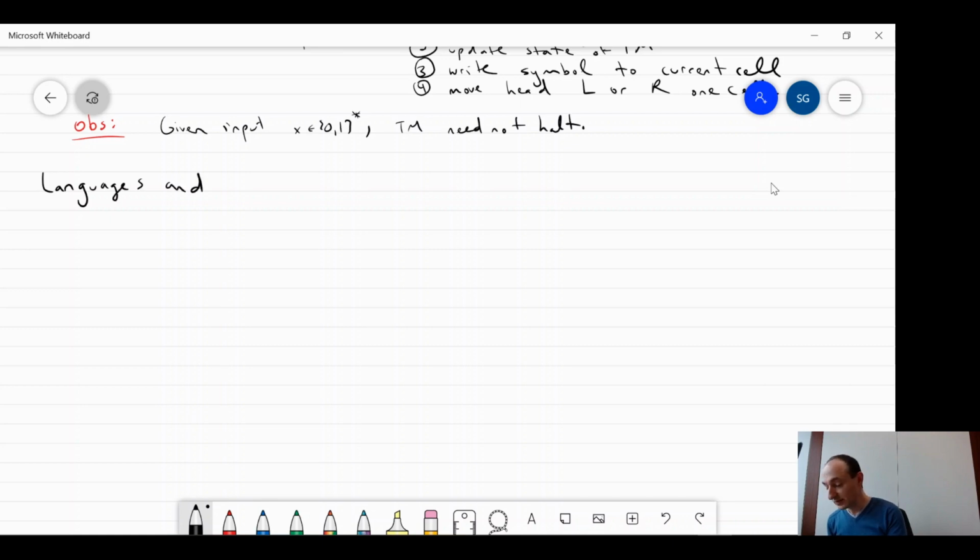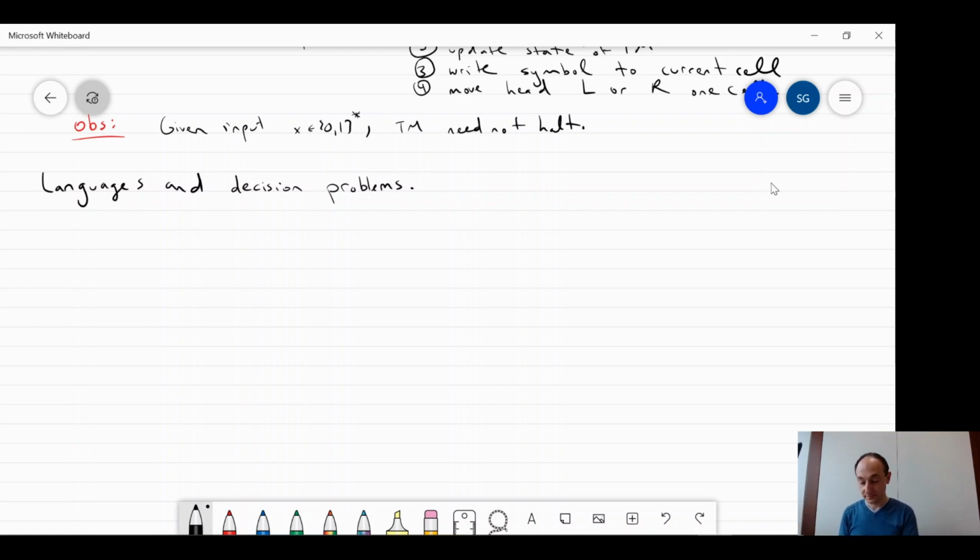So having defined Turing machines, let me remind you that typically in classical complexity theory, the main thing we focus on are decision problems, which are problems to which the answer is yes or no. And to formalize all of this, we super abstract it all in terms of languages.